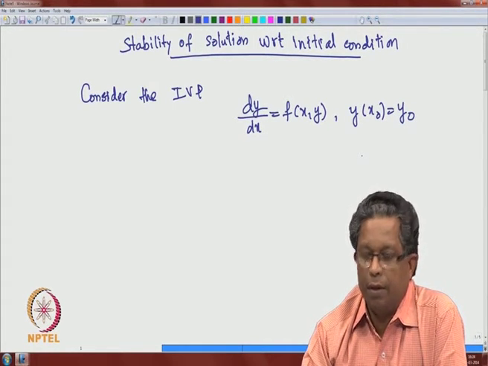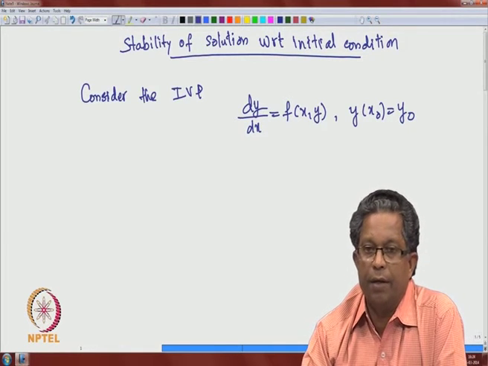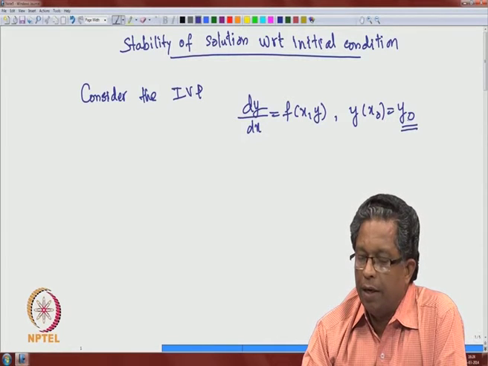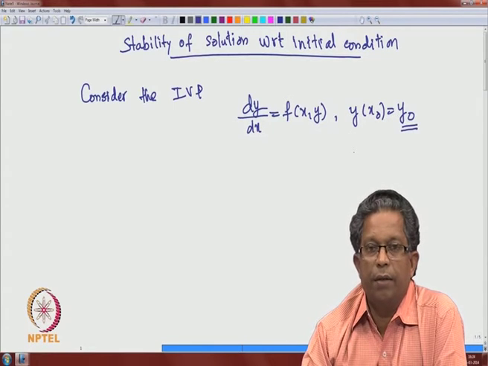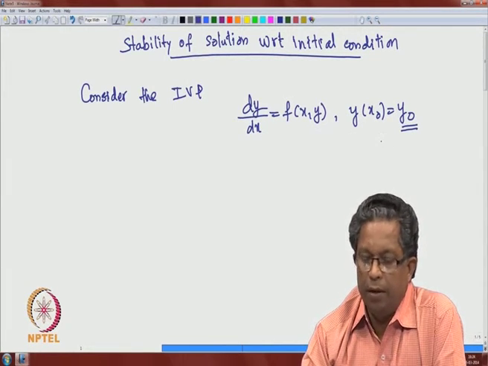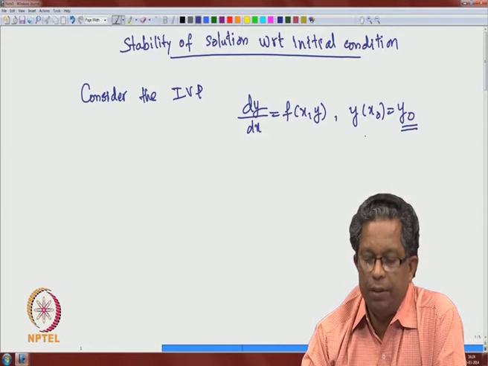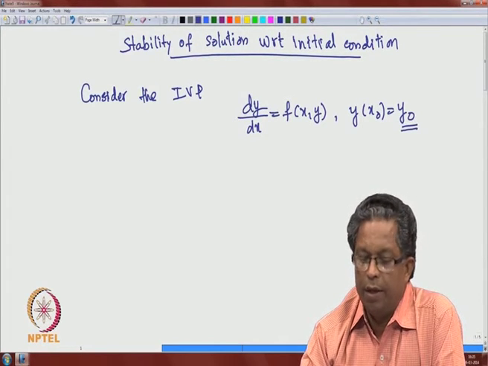There may be a possibility of a little bit of error in the initial data y_0. If a slight error in y_0 makes a correspondingly small error in the solution, then the solution is reliable. Then we say the solution is stable: if a small change in the initial data results in a small change in the solution, then the solution is stable.